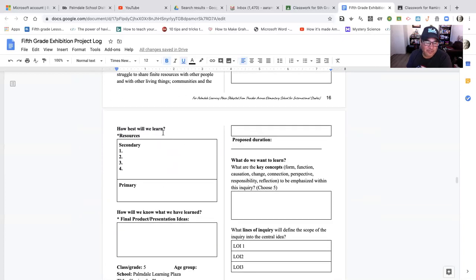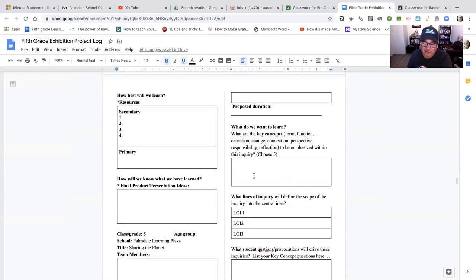Okay, these are your resources of what you're supposed to use in your research. Your key concepts here, right? Five key concepts, which are form, function, causation. And you saw the explanations and descriptions of each one in the key concepts section.